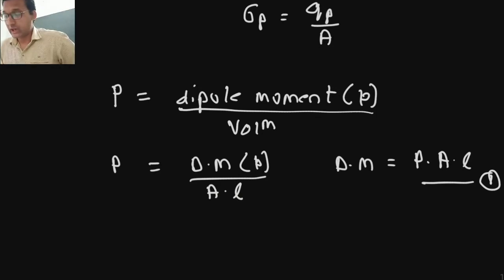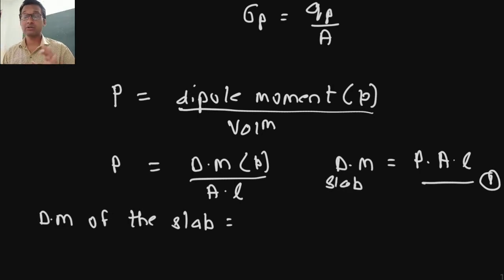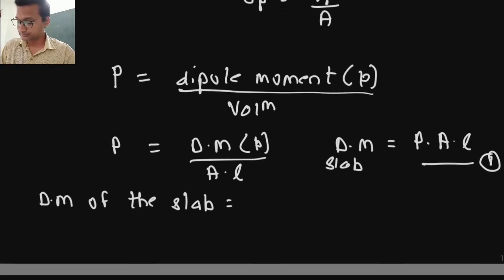Now we have one equation for the dipole moment. Another way to define the dipole moment of the slab, not individual dipole moments, is as the polarization charge into length.